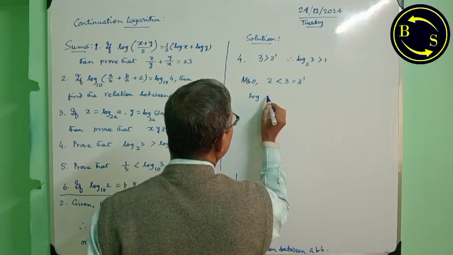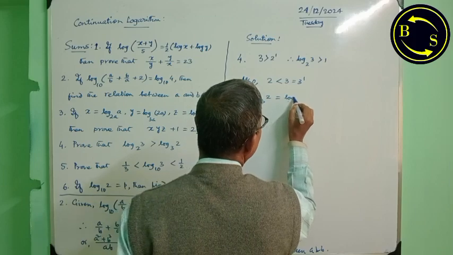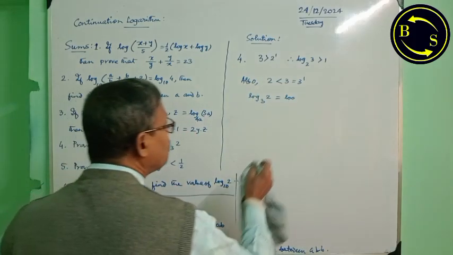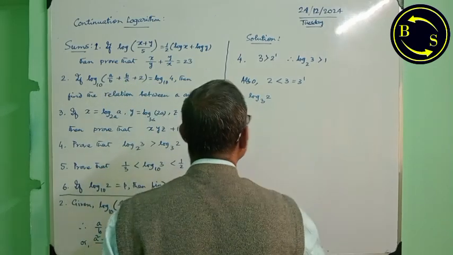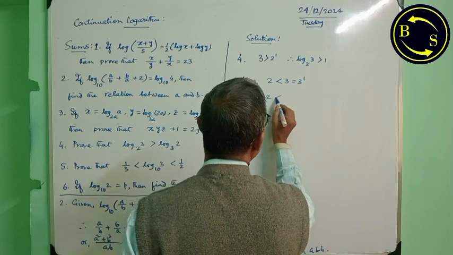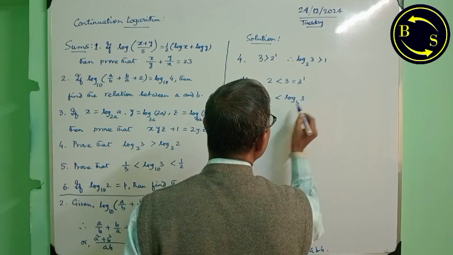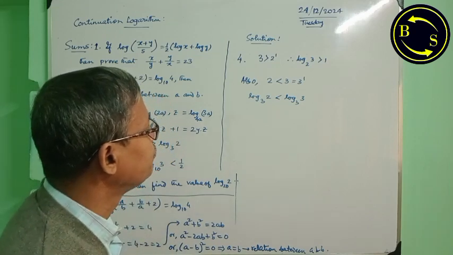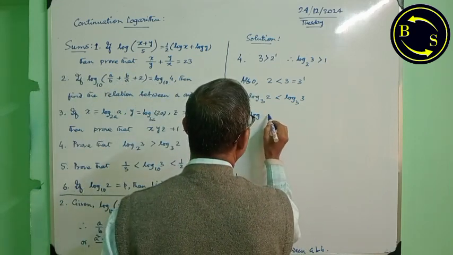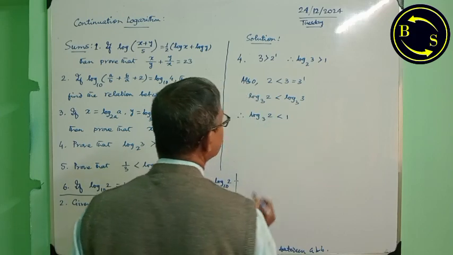Therefore, log of 2 to the base 3 is less than, the inequality relation will hold, less than log of 3 to the base 3. You can write like this also. Therefore, log of 2 to the base 3 is less than 1.